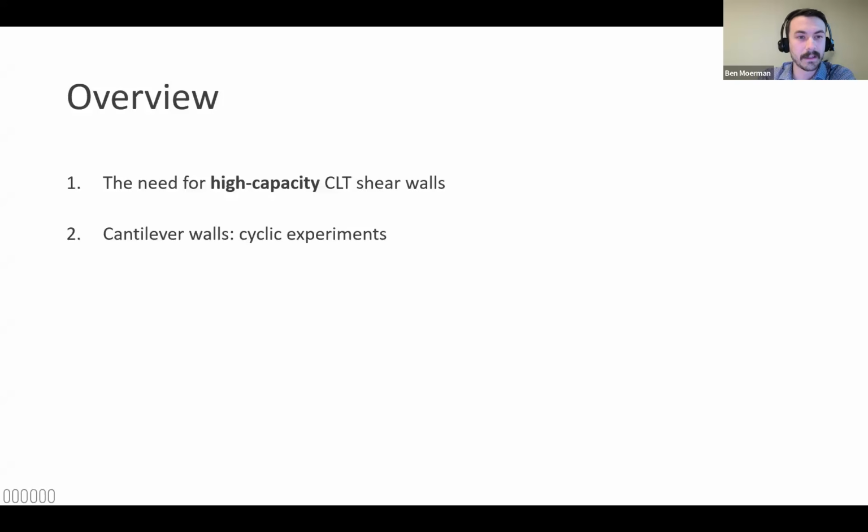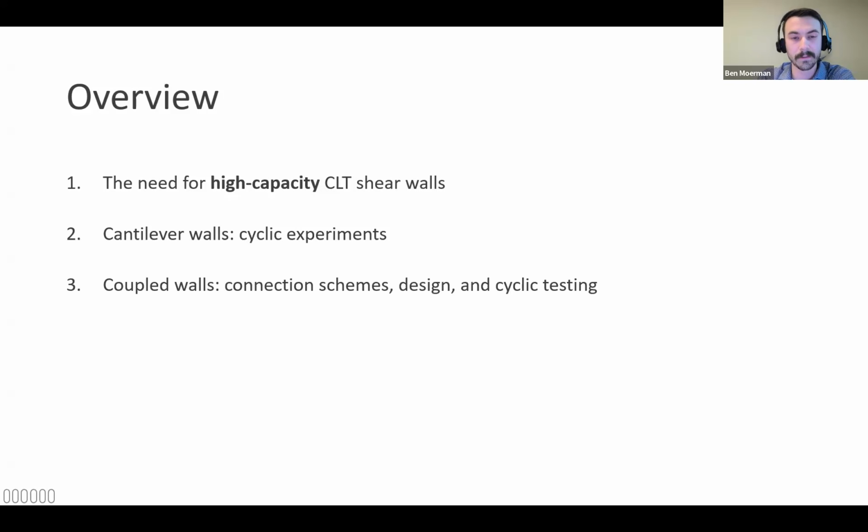Quick overview of what we're going to talk about today. First, just the need for high capacity CLT shear walls. Basically, why bother spending 3.5 years researching them? Second is talking about cantilever walls, some cyclic experiments using some high capacity connections. Then into coupled walls, where I'll talk about a few connection schemes that actually let us build a coupled wall system, as well as the design of those connections, the system, and cyclic testing.